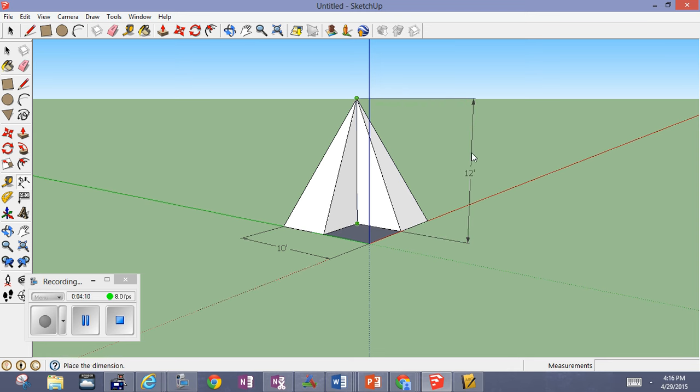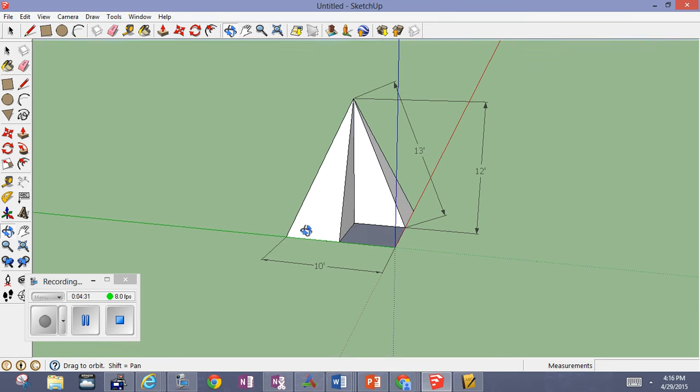That's the height. But what I have along the edge here is the slant height, and if I measure that from endpoint to endpoint, that should be 13. And why is that? Because inside of here is the 5, 12, 13 triangle. Wasn't this edge 5?